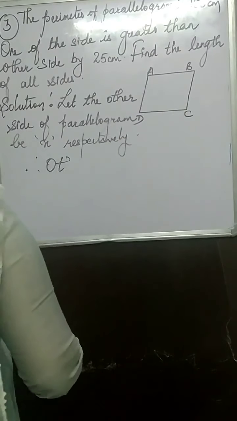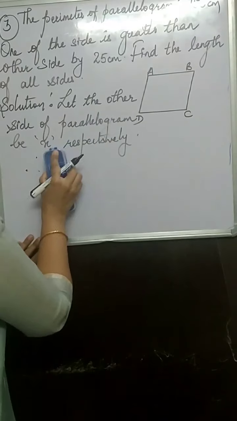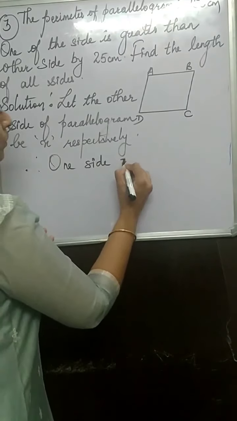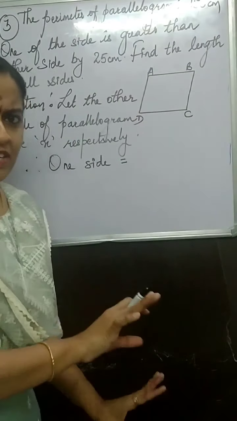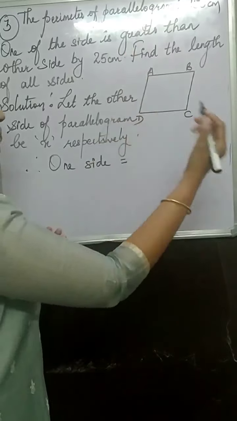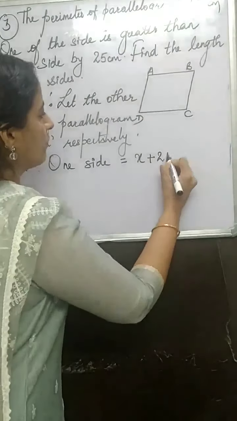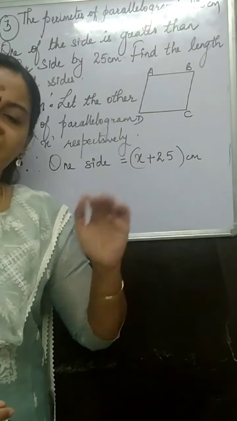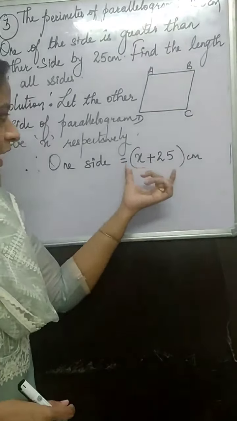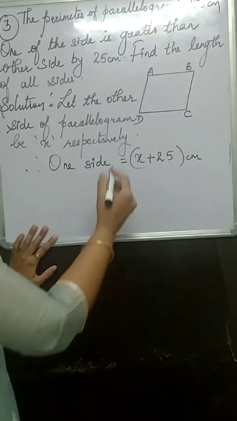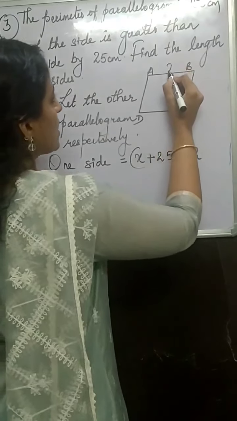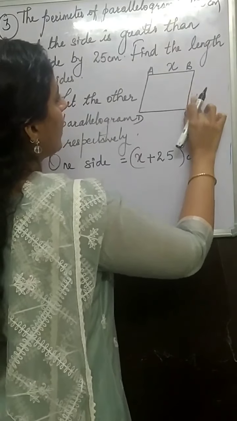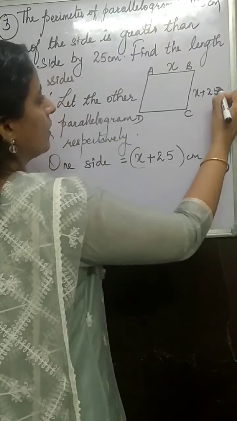We have taken the other side as X, so as per the question, one side is greater, and greater means plus. So it is X plus 25 centimeter. In the figure, suppose this side is X, then the other side will be X plus 25.